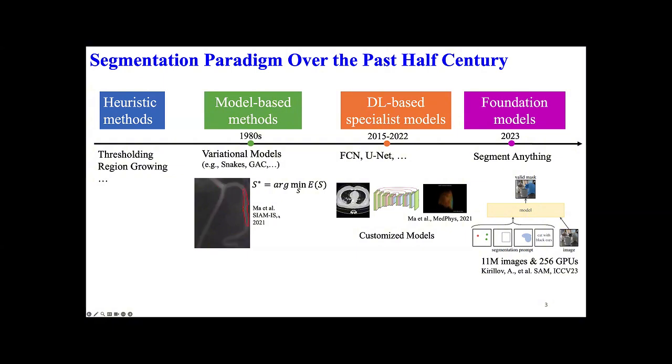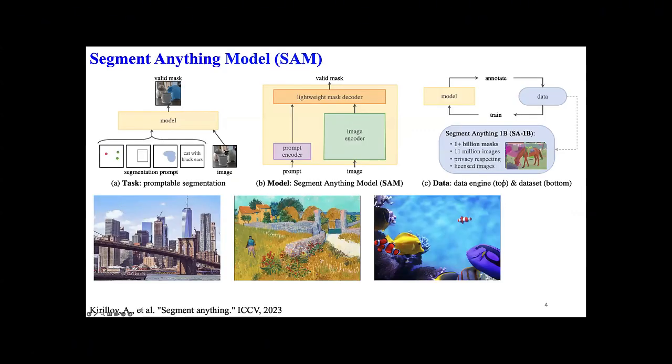More recently, we have moved to deep learning-based specialist models from 2015 to 2022, with architectures like FCN and UNet. And since 2023, we have been seeing the rise of foundation models like Segment Anything models.